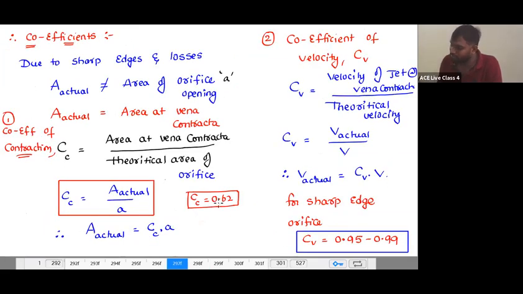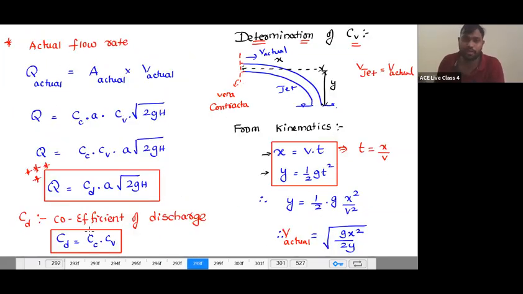What is Cc? Cc is nothing but 0.62 and Cv is going to be 0.95. So 0.62 into 0.95. So if you see this range, the Cd range is about 0.59 to 0.62 into 0.99, 0.61.